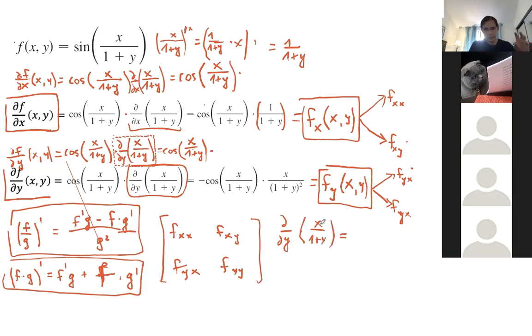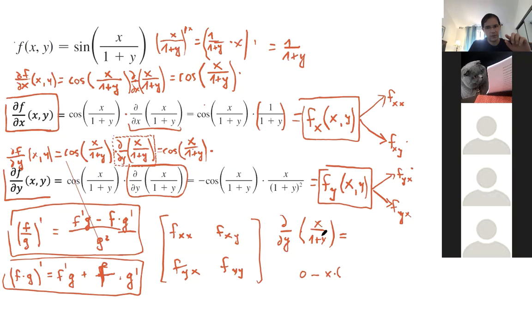I'm using the quotient rule, taking the derivative of this with respect to y. The derivative of x with respect to y is 0 times this, so this is going to be 0, and then minus the first function, which is x, times the derivative of the denominator with respect to y.